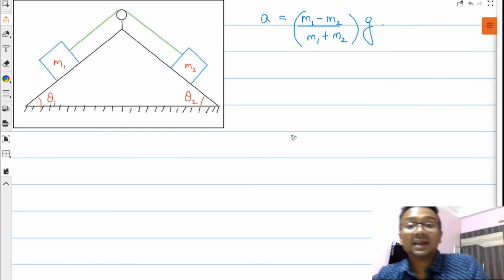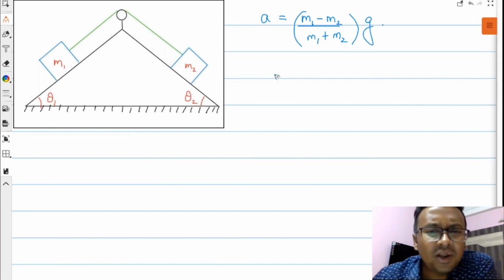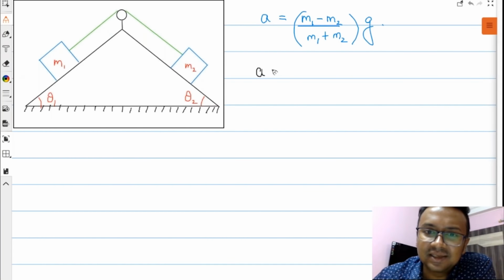Clear, guys? So here in this particular scenario, this is theta1 and this is theta2. What do you think is going to be the acceleration out here? So the acceleration, students, for both the blocks, is going to be the same.